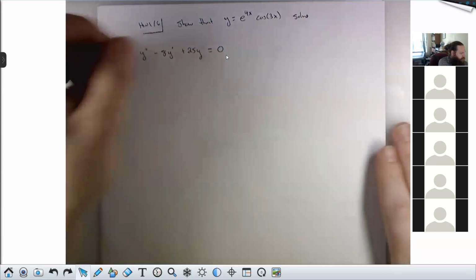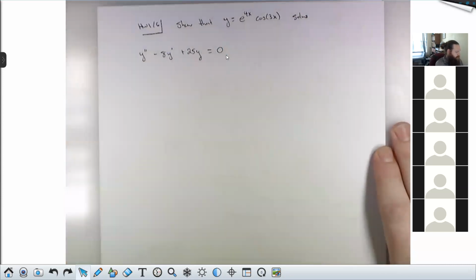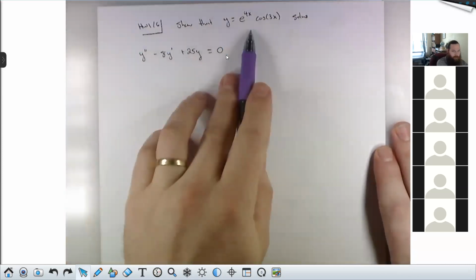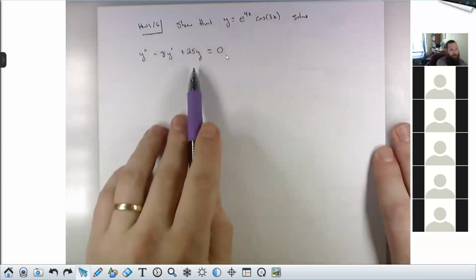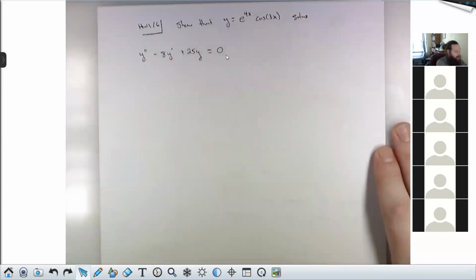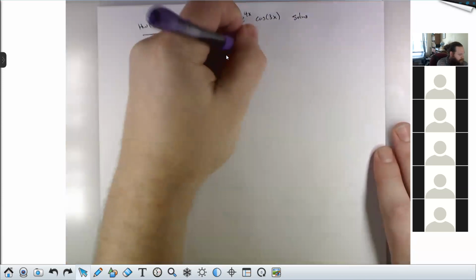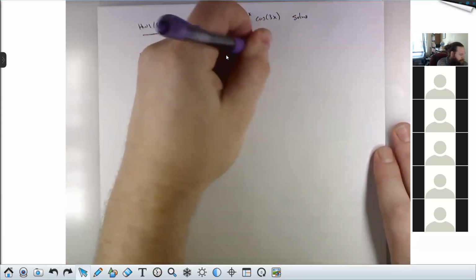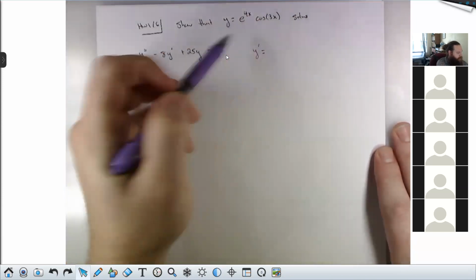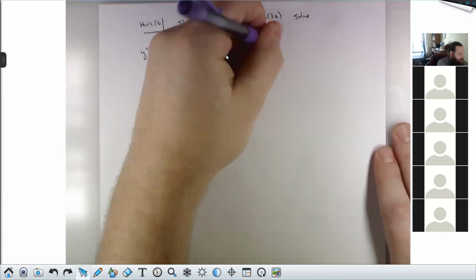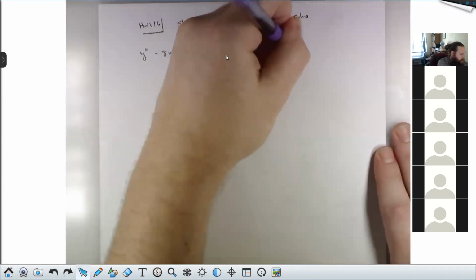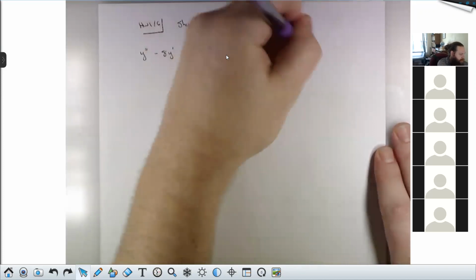So to show that this is a solution, I just need to plug this into this differential equation. And in order to do that, I'm going to need to know y prime. So this would be a product rule derivative, regular d/dx derivative of e to the 4x cos 3x.